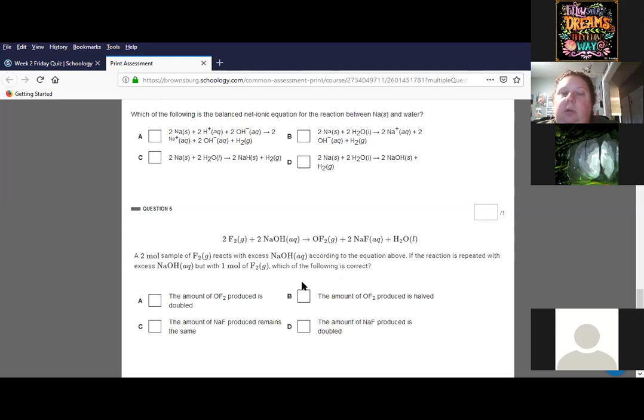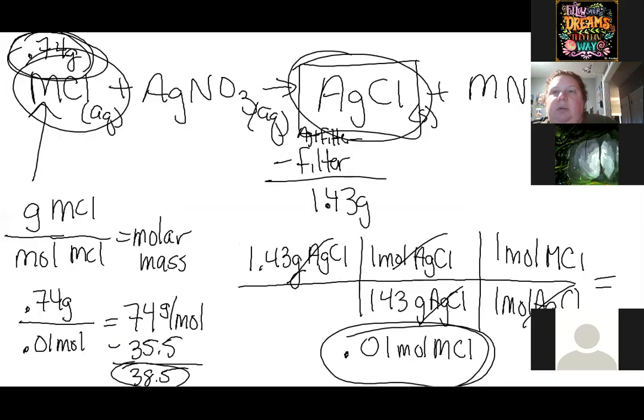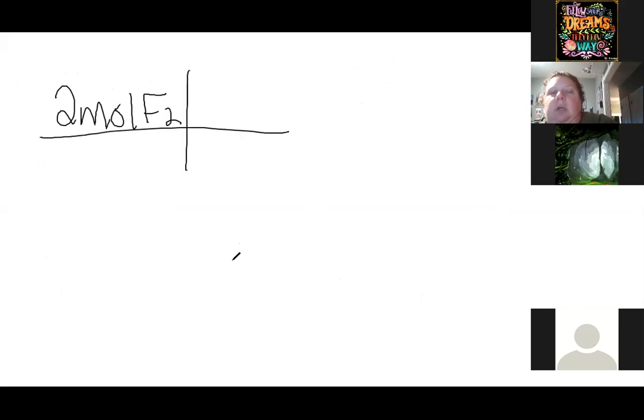I was trying to do stoichiometry for it, and you could write out a stoich for it. You could say I have 2 moles of F2, and the mole ratio says 2 moles of F2 make 1 mole of OF2. So that would be 1.